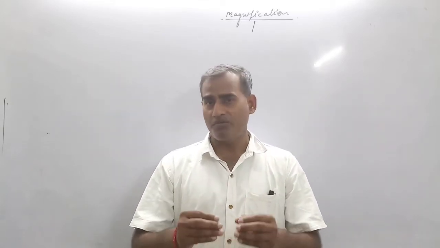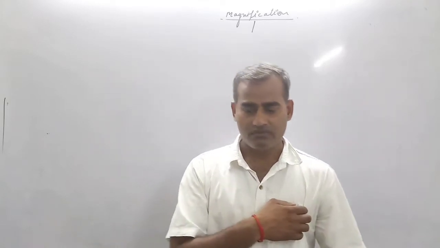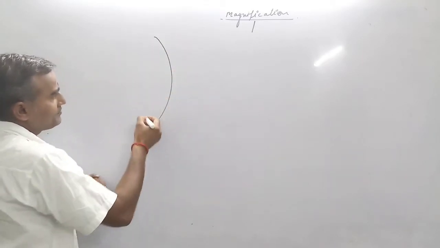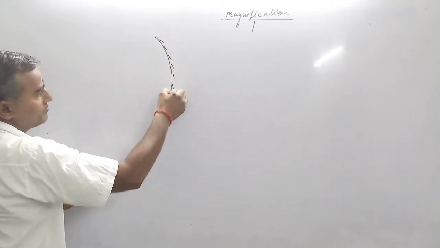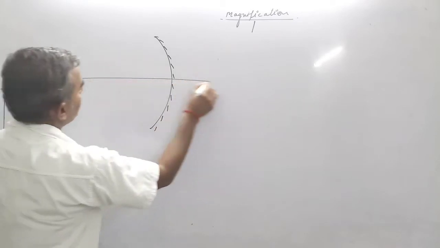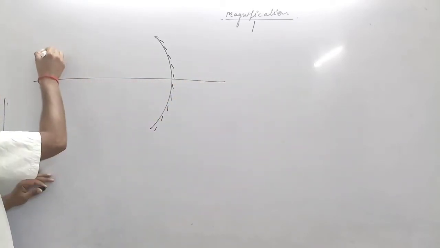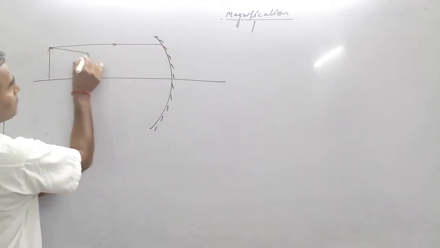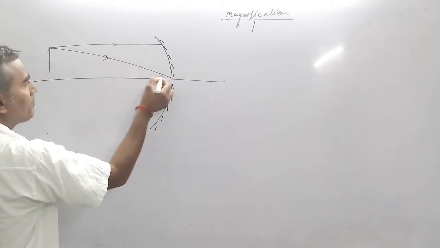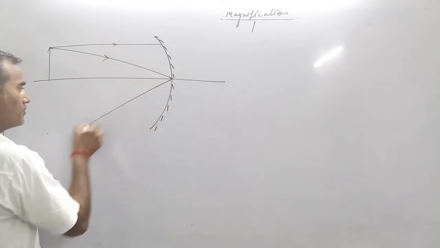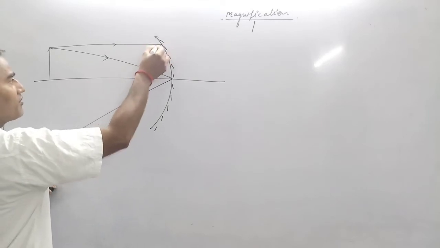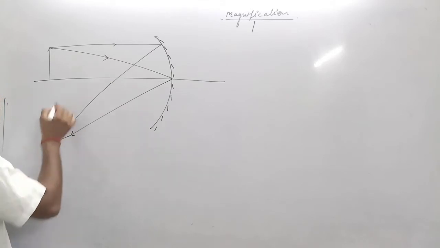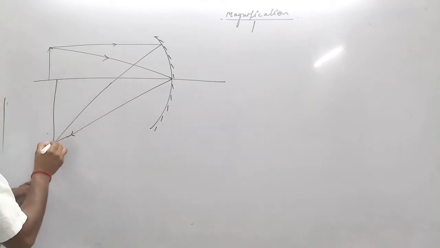If you put the object on any mirror, just like this, let's consider this is the mirror, and the image is formed here. This one, and the light ray passes through the focus and forms the image.